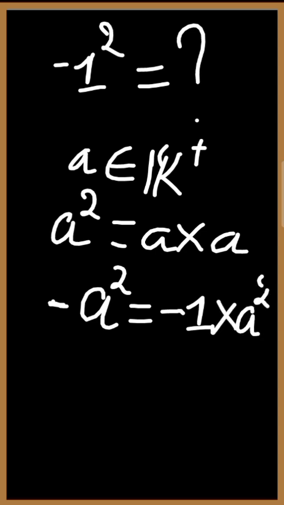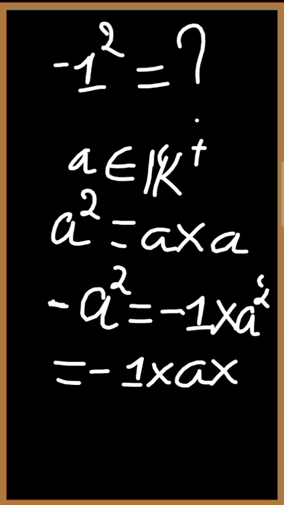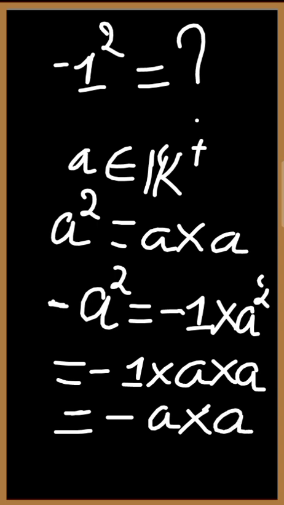And negative 1 times A squared is simply negative 1 times A times A. So this is what it simply means. If we multiply this, it will give us negative 1 times A, which gives us negative A times A. This is what it means.